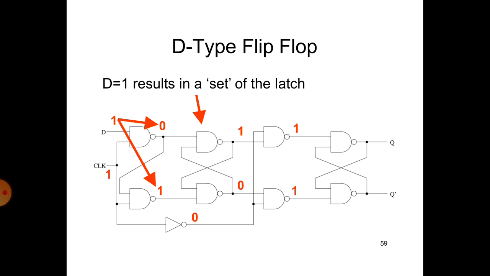And clock will be 1, and the output of the next input is 0, so 0, 1 means the output will be 1. So the next stage will be given the clock pulse 0. Because for the first latch the clock will be 1, for the next latch the clock will be 0, so we are using an inverter or NOT gate, we can invert the input that will be given to the input of the next latch.